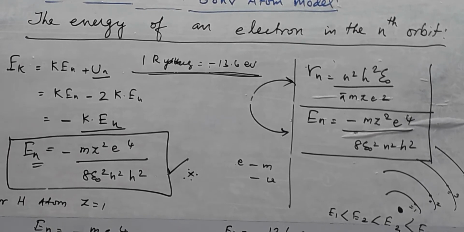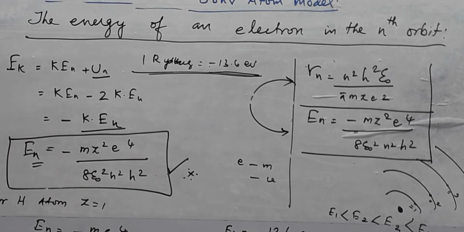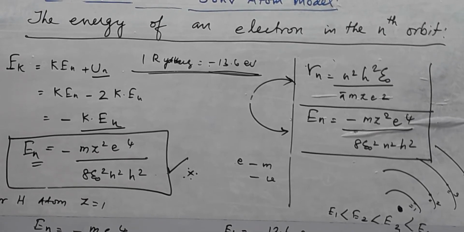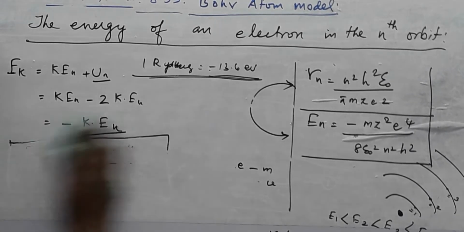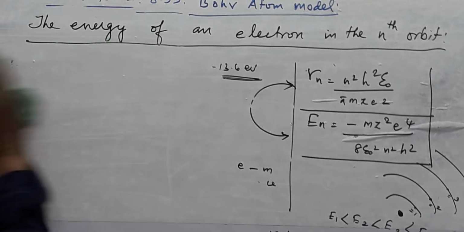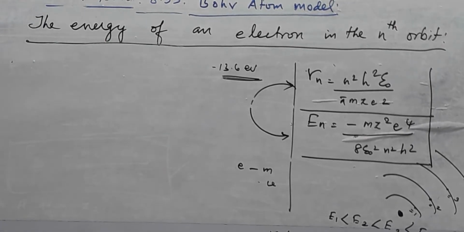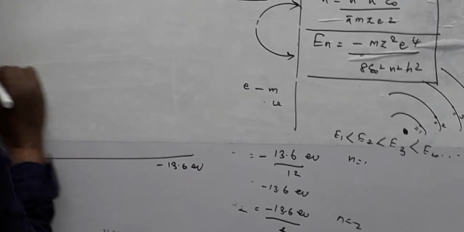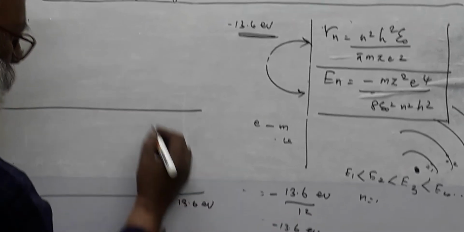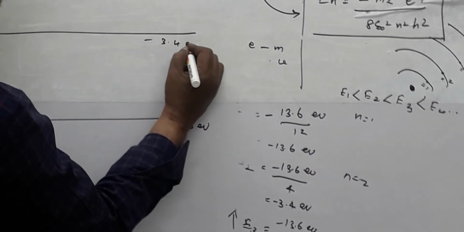And then the last one: how can we draw the diagram or representation of the orbital energy level values? Very easy. For example, you have to write the energy level in the first ground level as minus 13.6 electron volt. Then the next one is minus 3.4 electron volt.